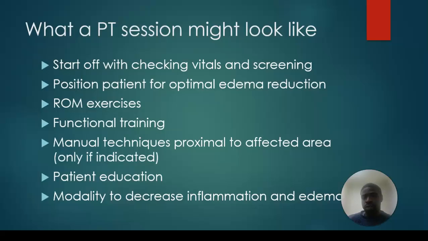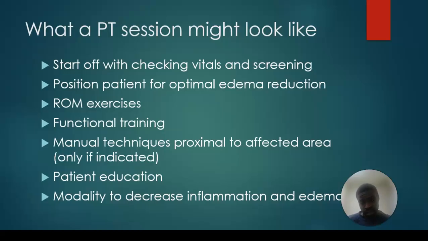What a physical therapy session might look like if a patient has cellulitis. So you're going to start off with just a screening, asking questions, doing measurements, seeing if their swelling went down, checking vitals before you start. Then a good thing you could do next is position the patient to where you can promote venous return. You can work on range of motion exercises and functional training next.